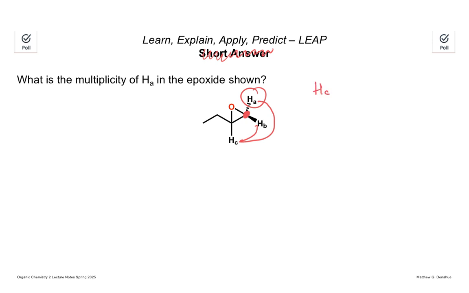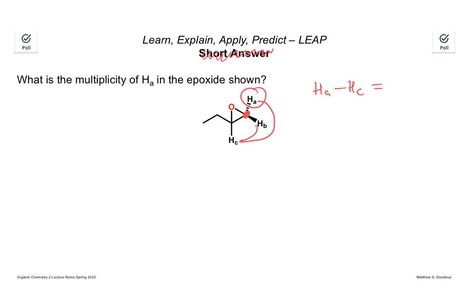So HA, HC is what dihedral angle? Anybody? So it's 180.